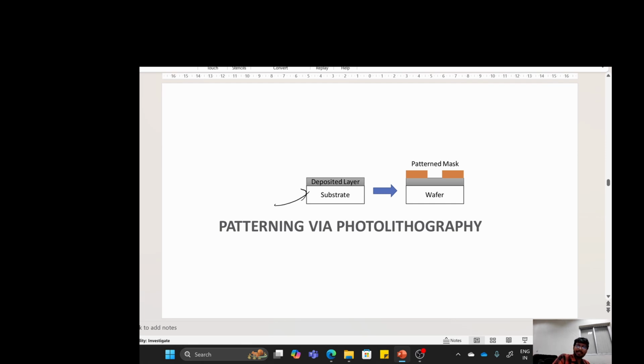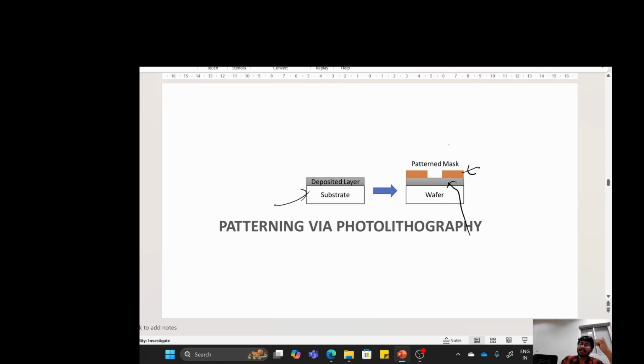In indirect writing, you write the pattern over a sacrificial layer like photoresist, and then you transfer that pattern to the deposited layer. So that is the indirect writing.